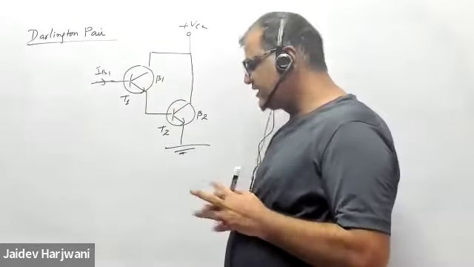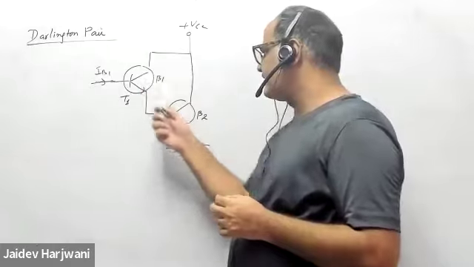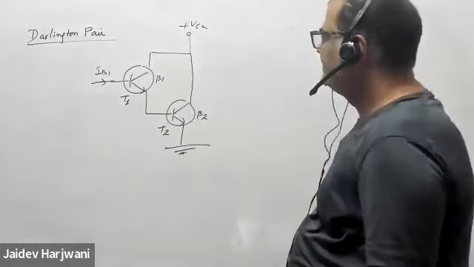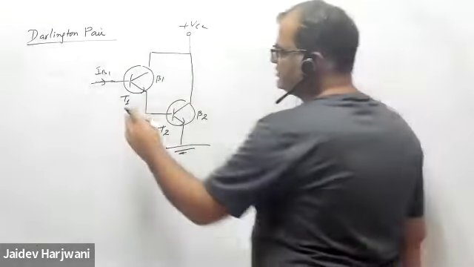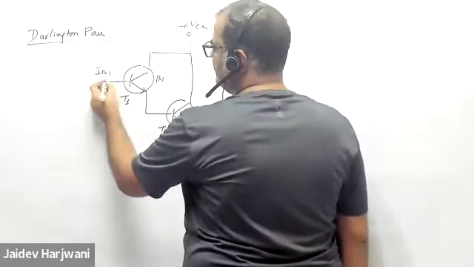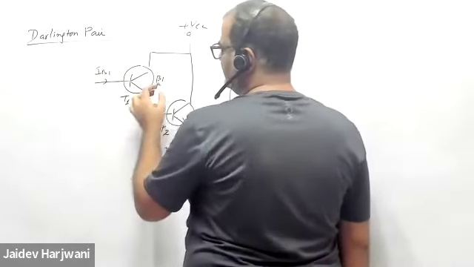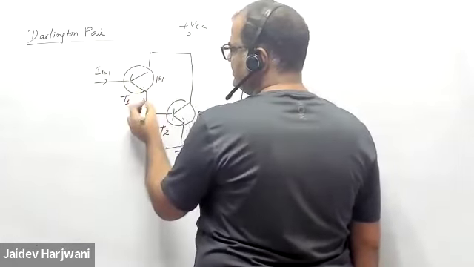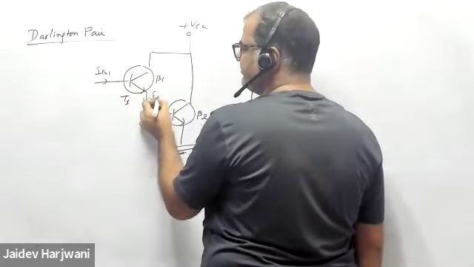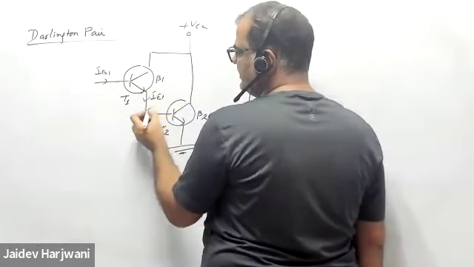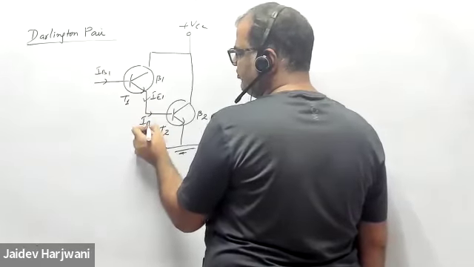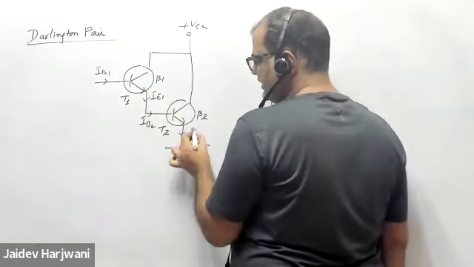Now what is the advantage when the transistors are connected in a pair? The first transistor's base current is IB1. It has a beta 1, so this current is IE1. Now this IE1 becomes IB2 for the second transistor, and you get IE2.